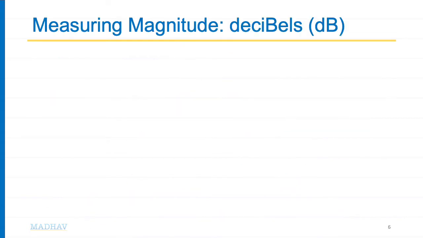So let's now move on to the next topic. We have defined high pass and low pass filters, but how do we measure the magnitude of a filter? This is a scale which we use, called the decibel scale. Magnitude is the modulus of H(e^{jω}), and if I want to measure it in decibels, you just scale it with this function, 20 log base 10 of this thing, and whatever value you get is the magnitude in dB scale, basically a logarithmic scale.